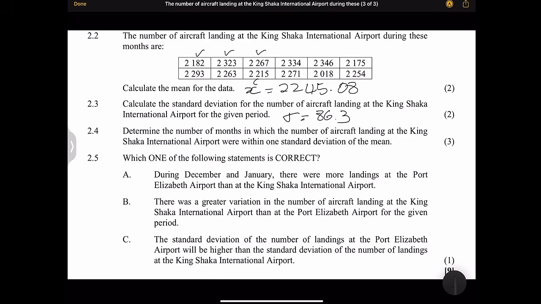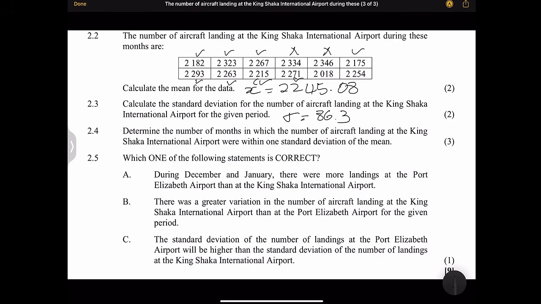And 2, 3, 3, 4, no, this is not. 2, 3, 4, 6, this is not. 2, 1, 7, 5, this is greater than 2158, so this is. 2, 2, 9, definitely within. 2, 2, 6, 3, definitely within. 2, 2, 1, 5, definitely within. 2, 2, 7, 1, definitely within.